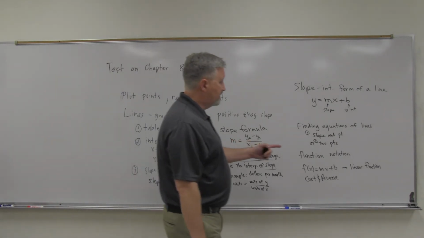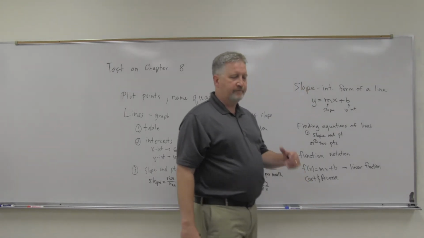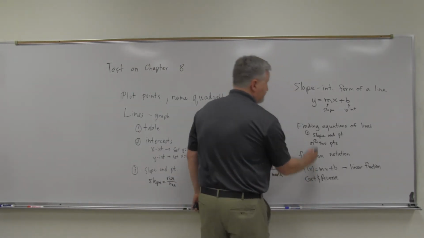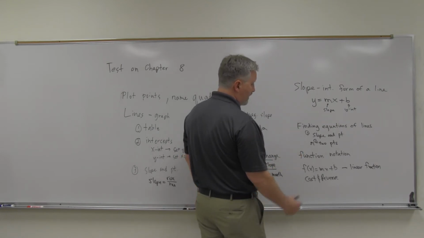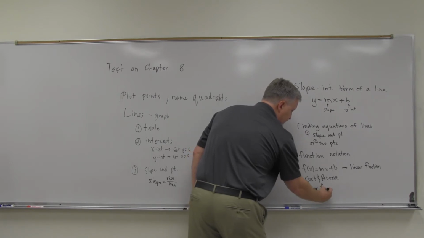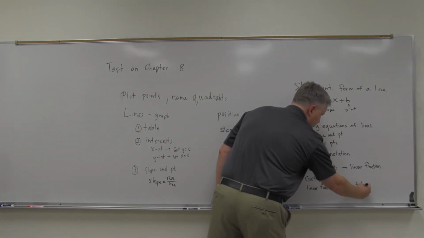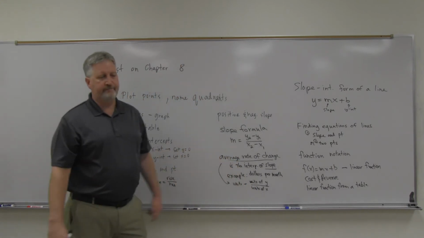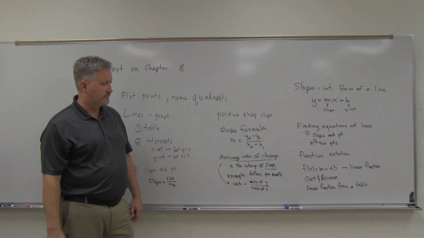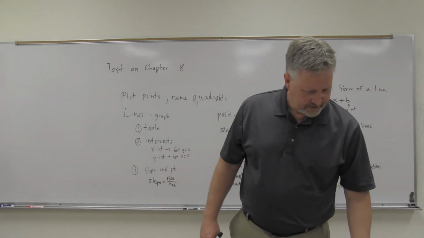And then the other one was using information from a table to get the linear model or linear function. And so they were usually going to specify which two values to use, but anyway, go back and review that, because that'll be probably a good one.